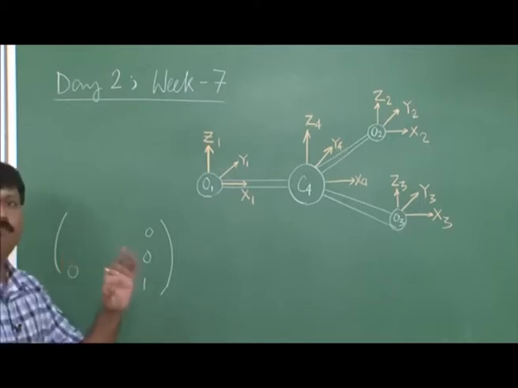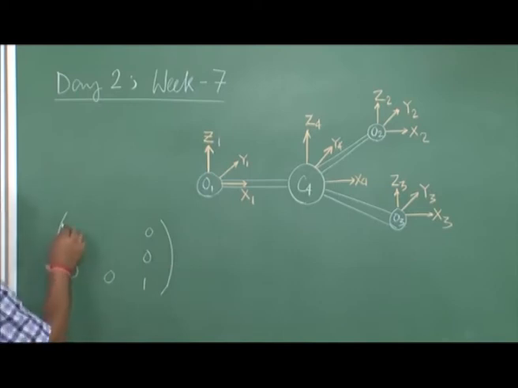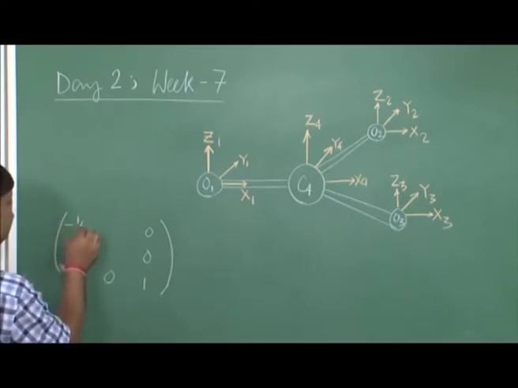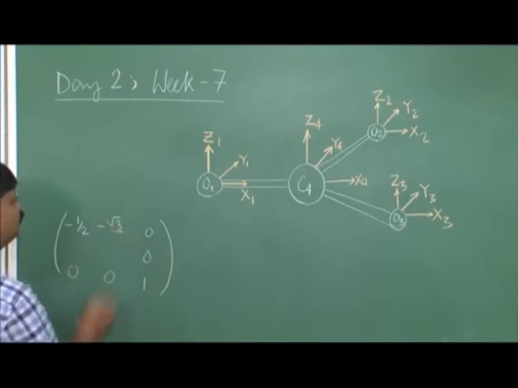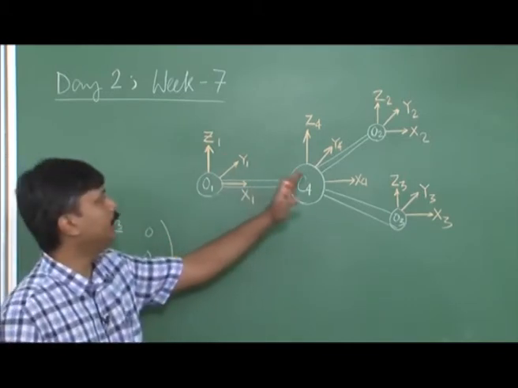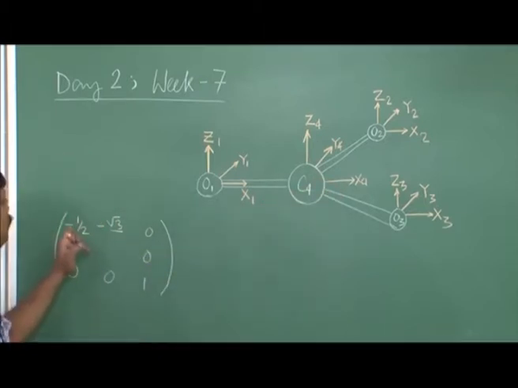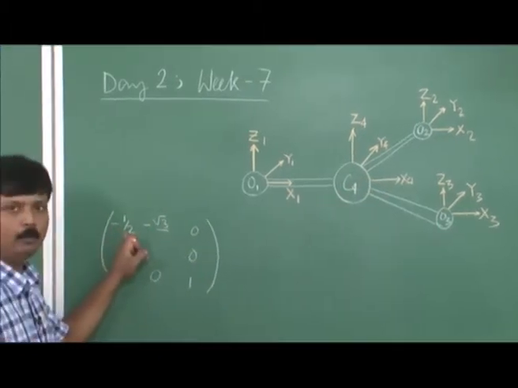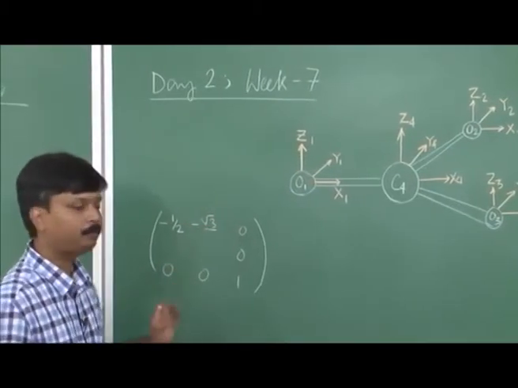Now what will be the form of x and y? If you solve it geometrically, you will see it looks something like this. If you apply C3 on x4, it will give you minus half of x4 minus half of y4.